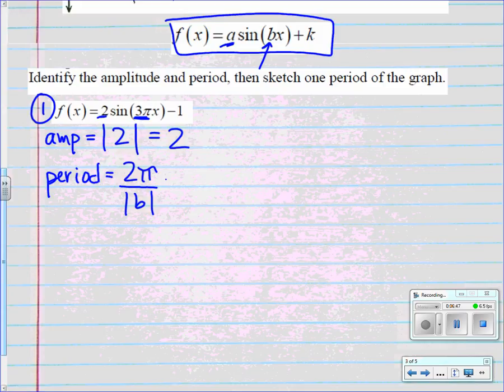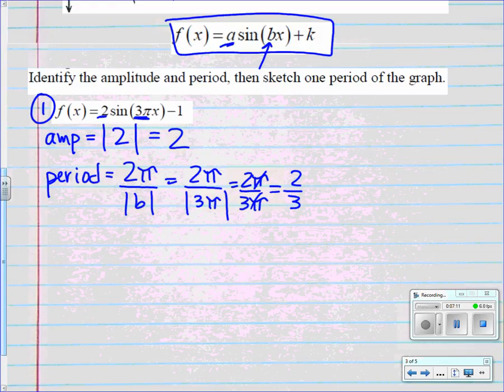So then we are going to go 2 pi divided by the absolute value of 3 pi. Well, the absolute value of 3 pi, since it's positive, will just stay positive. So that's just 2 pi over 3 pi. And the pi's will divide out. So the period of this function is just 2/3. Okay?